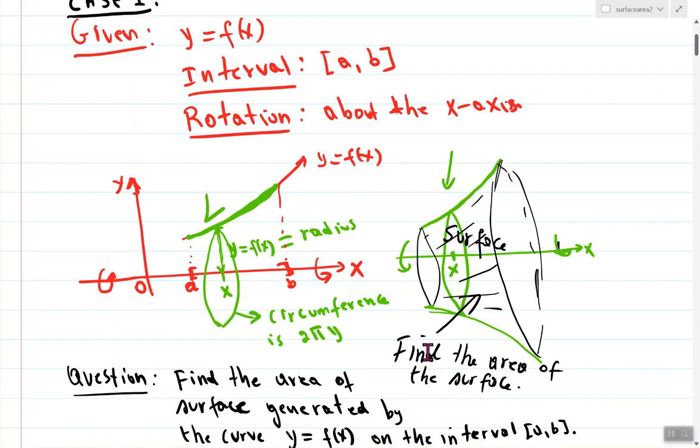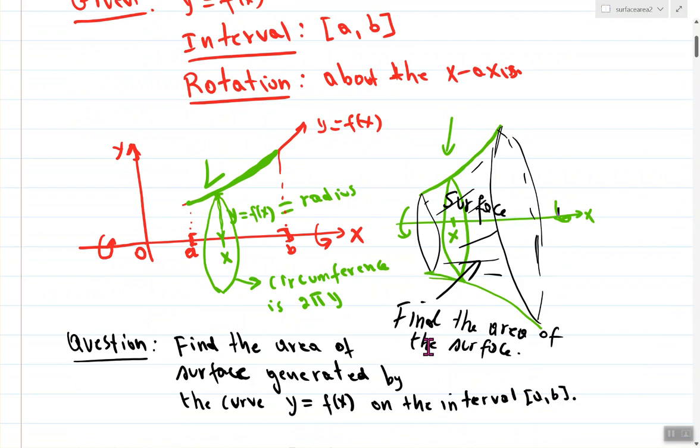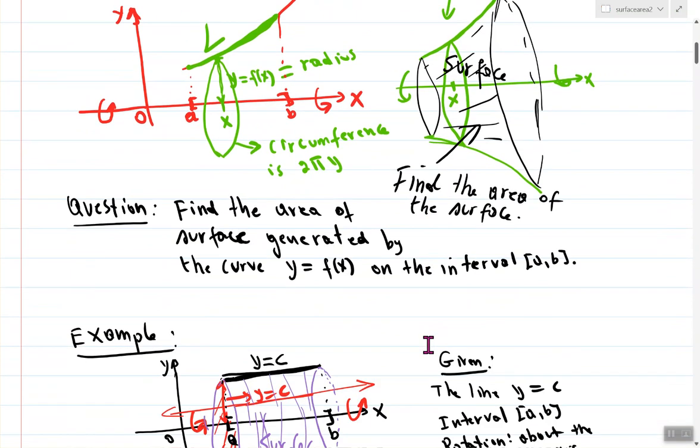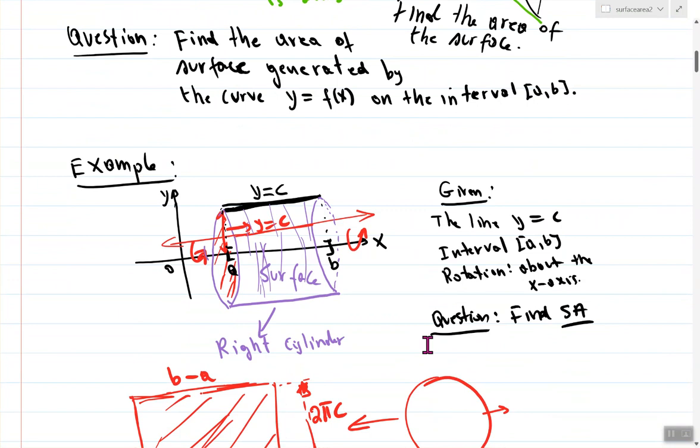So we take a simple case, right? Simple case is that if our curve is just this horizontal line y equals c, and our axis of rotation is still the x-axis, and the interval on the x-axis is from a to b.